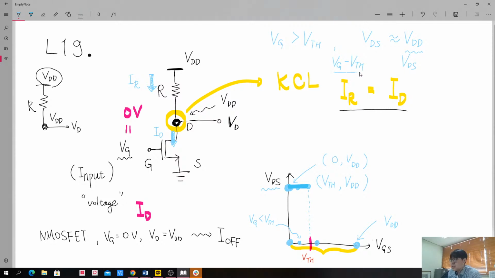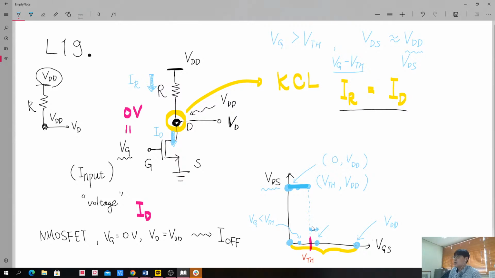So this is just a small number, because we are now considering a point where the gate bias voltage is slightly higher than threshold voltage. So gate overdrive voltage shown here is quite small.